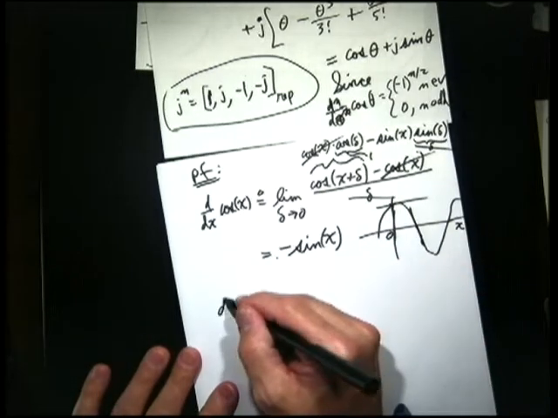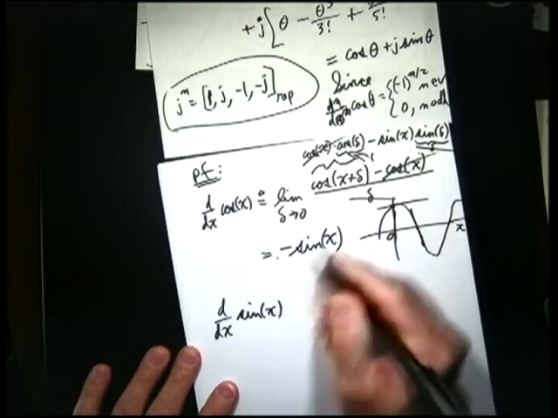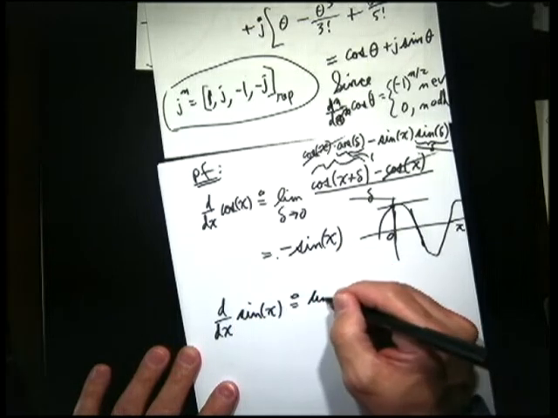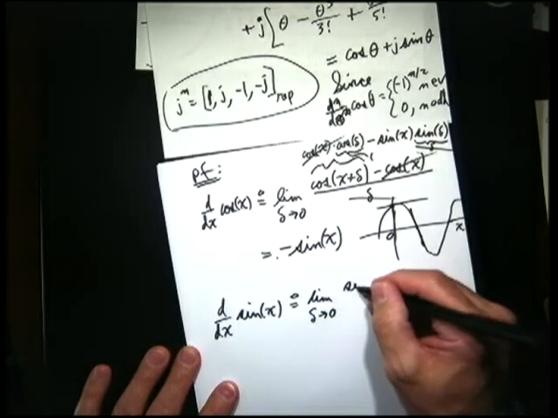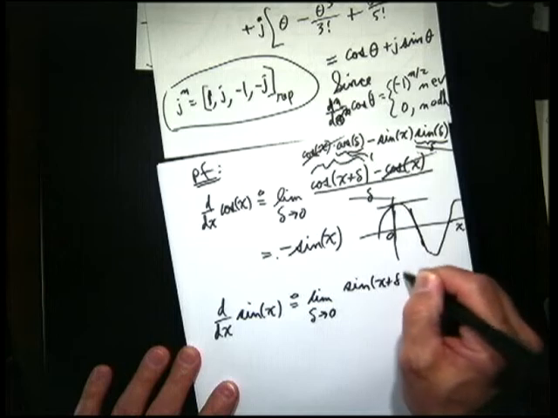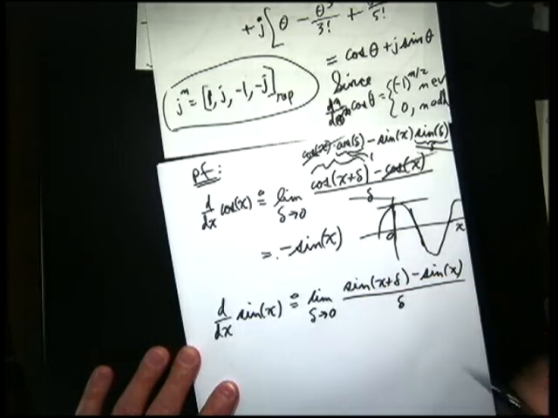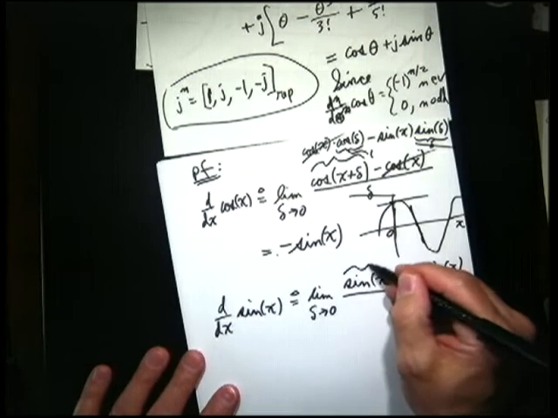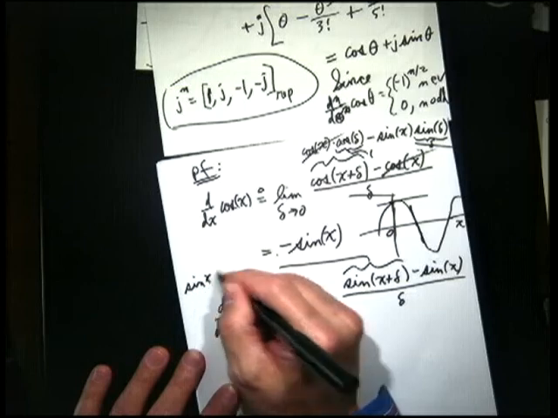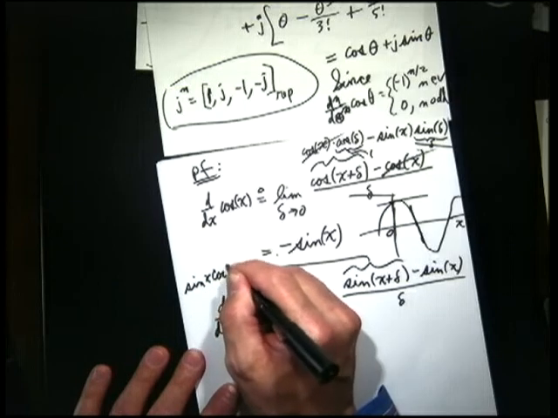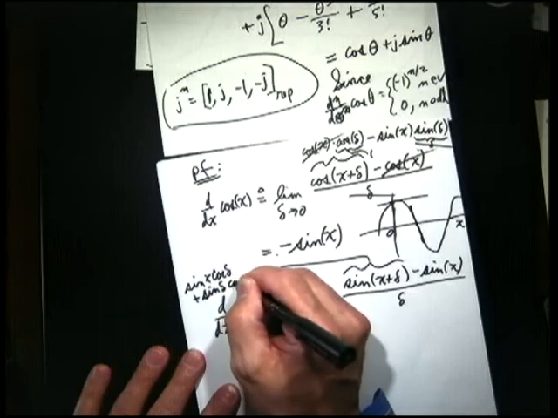And so let's just do sine. So the derivative with respect to x of sine of x is by definition the limit as delta goes to 0 of sine of x plus delta minus sine of x over delta. And now we need the sum of angles formula for sine, which is sine of x times cosine of delta plus sine of delta cosine of x.